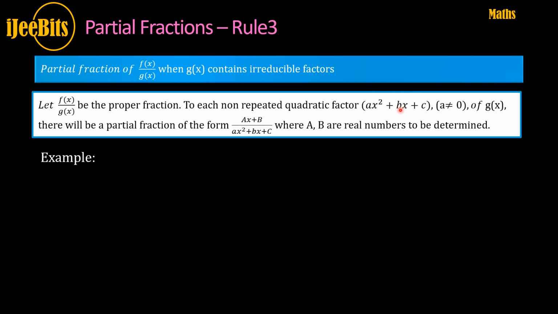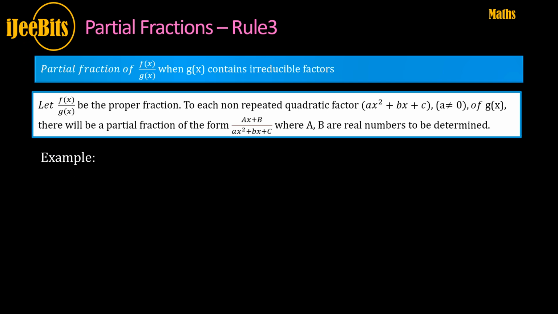In that scenario, for each term you have to use something like capital A x plus B by ax square plus bx plus c, where capital A and B are real numbers which are to be determined. That's the clue.